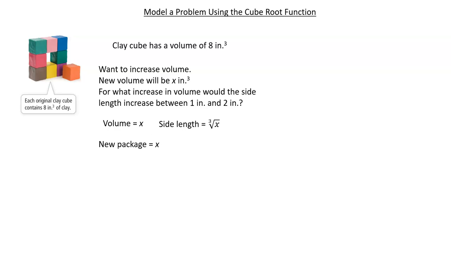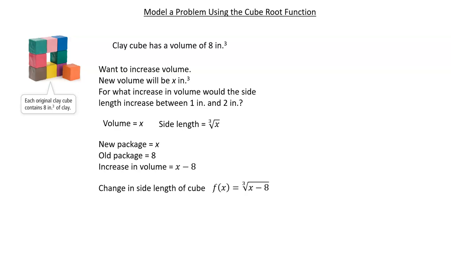So our new package has a volume of x, our old package has a volume of 8, and so the difference in those two volumes is going to be x minus 8. And so the change in the length of the side of the cube is going to be the cube root of x minus 8.